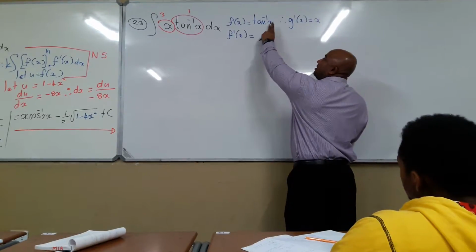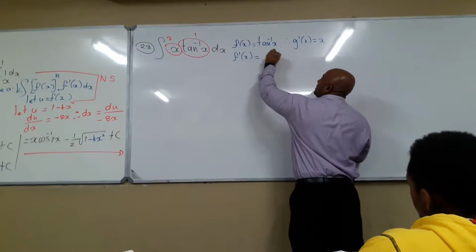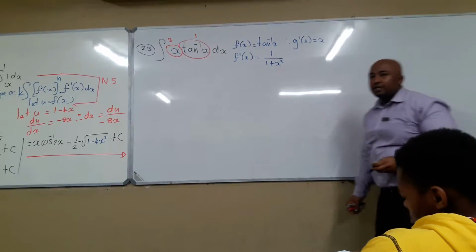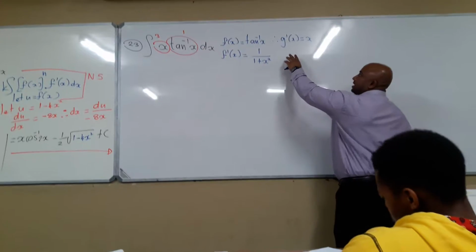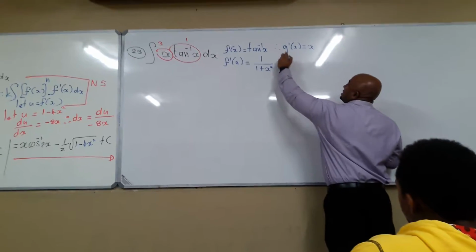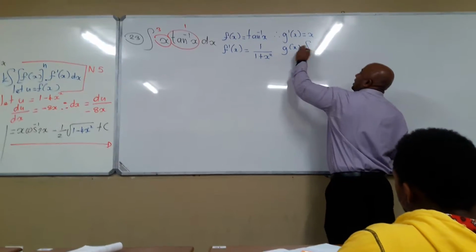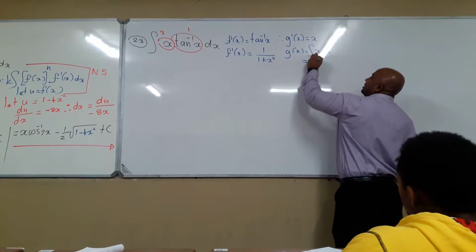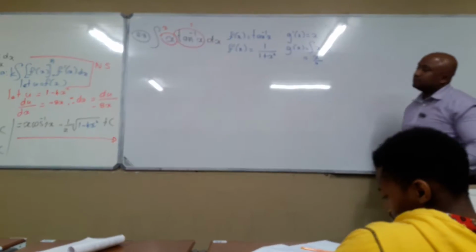The derivative of inverse tan of x will be 1, all divided by 1 plus x squared. Here, we need to integrate x, so that will be x squared over 2.